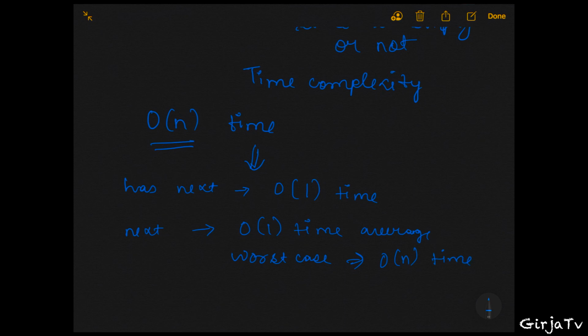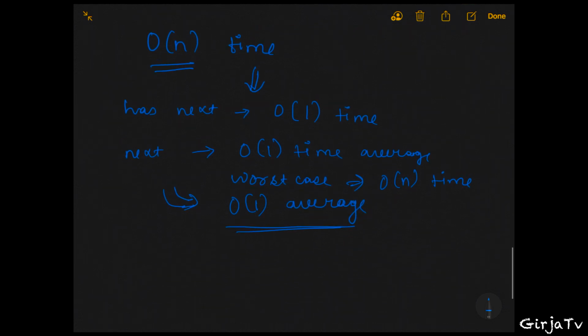But the amortized complexity is basically big O of 1 in the average case, right? So we are satisfying the condition that we have to call every function in big O of 1 at average time. So this is what we are fulfilling. And let's talk about the space also.